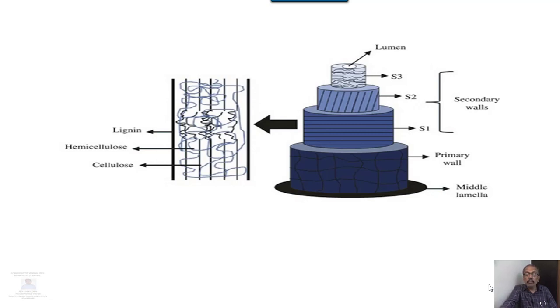This is not actually as it is shown over here. The outer cross section of this fiber is a collapsed ellipse type. A collapsed ellipse type cross section the fiber possesses. This is for illustration purposes in this diagram.